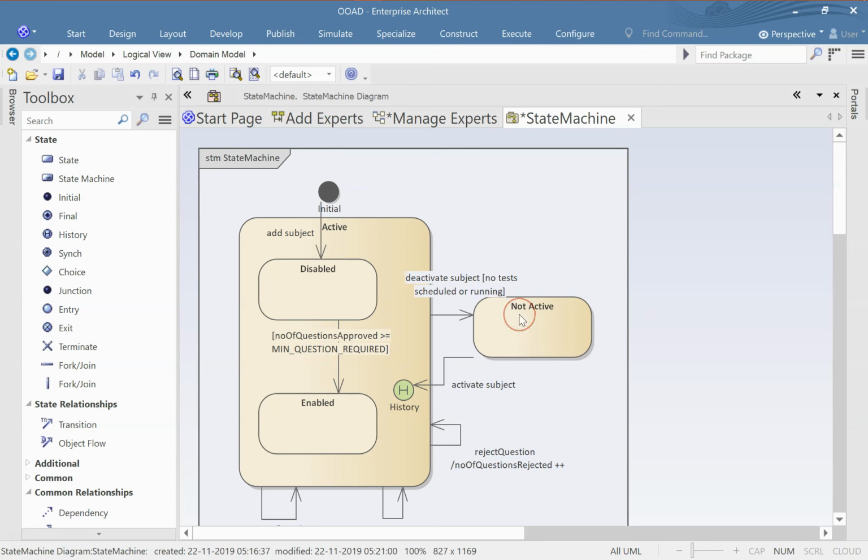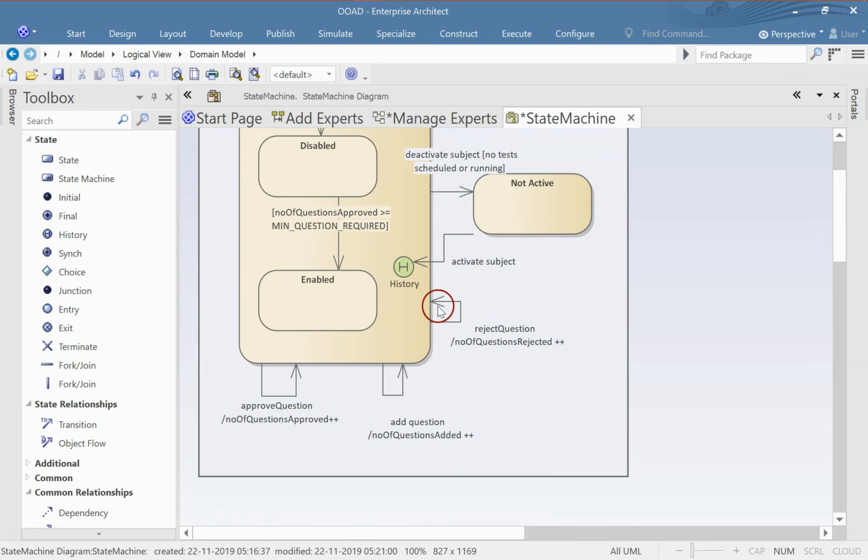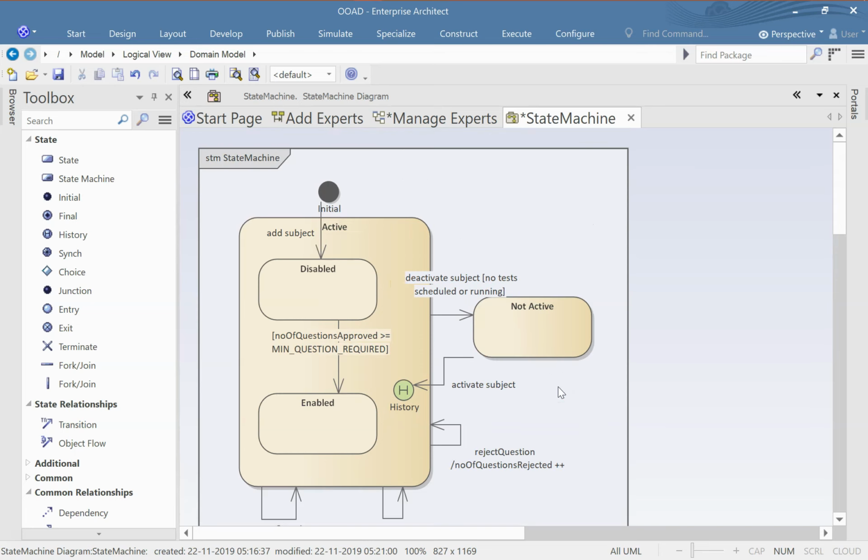Now, when he tries to deactivate it, there should not be any tests which have been scheduled or running. Then if by mistake he deactivates it, he should be able to activate it again. Okay. Now, why is this state machine important?